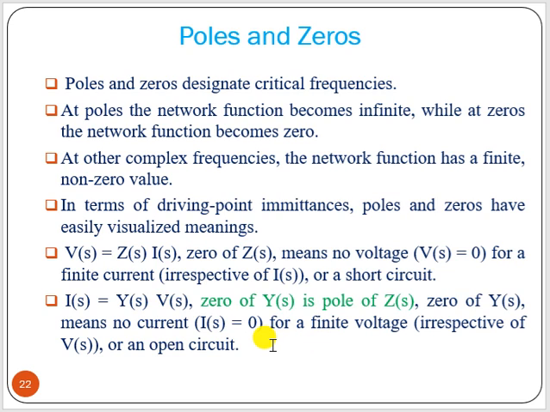So from that we can conclude that zeros basically provide a short circuit of the function, and poles provide an open circuit of the function. So zeros will give us the current response because it is a short circuit, and poles, as it is an open circuit, give us the voltage response.